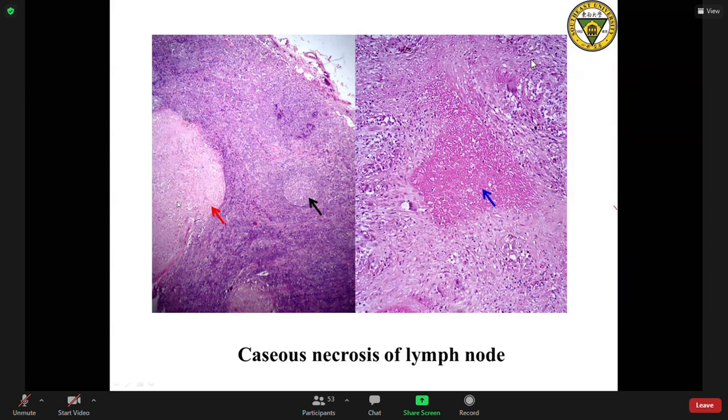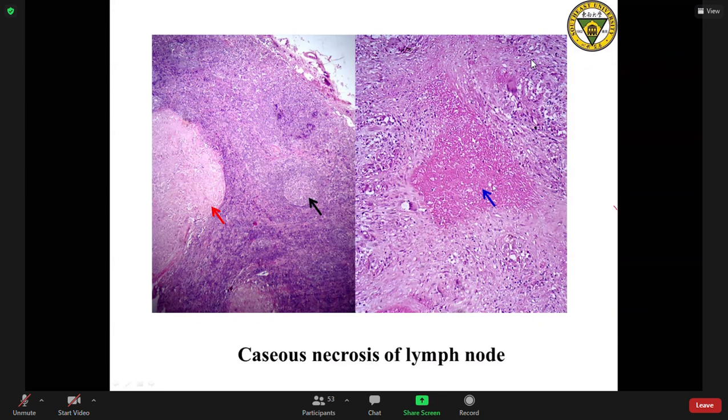Epithelioid cells also come from macrophages. You know that when macrophages phagocytize more and more bacteria, they can change shape. It's just like epithelium, the shape is like epithelium. You see epithelioid cells combine into the granuloma in this area.